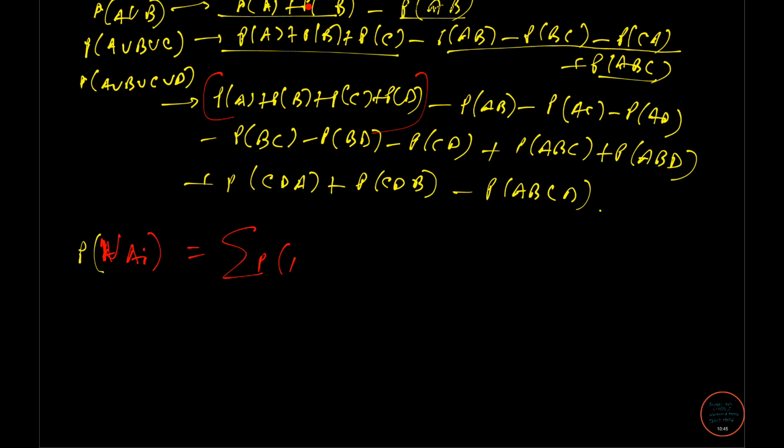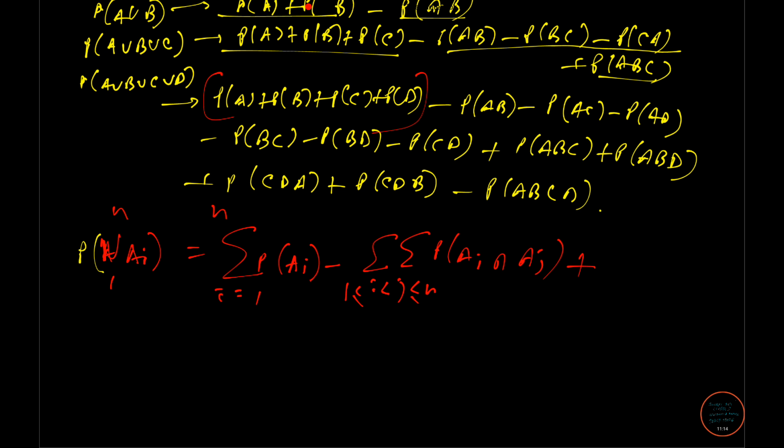So summation of P of Ai minus, put a double summation because two things are coming, P of Ai intersection Aj, this is i, this is j. Remember that 1 less than or equal to i less than j less than or equal to n. And here i equal to 1 to n, here also 1 to n.